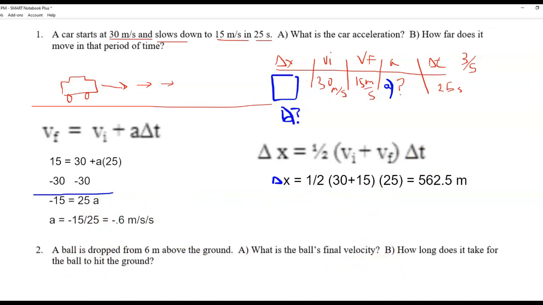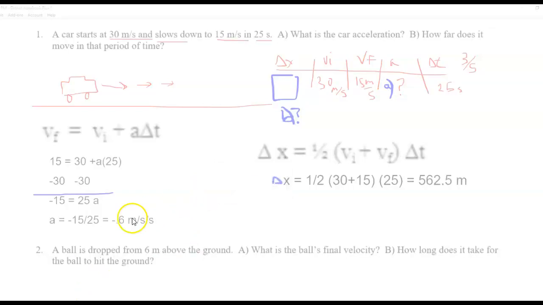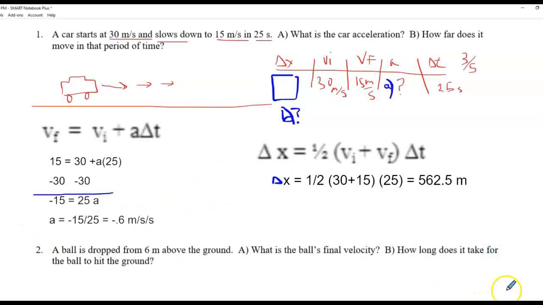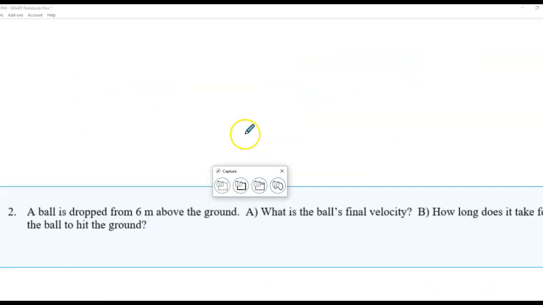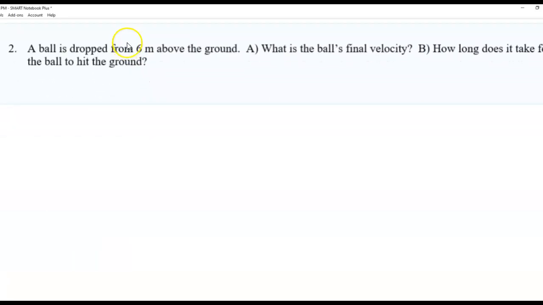For problem number 2, I'm going to do that on another slide because I ran out of space here. This one. So, moving this up so we can draw. Now we're doing a free fall problem. It's the same idea, so we're just going to move things vertically. So we have a ball.